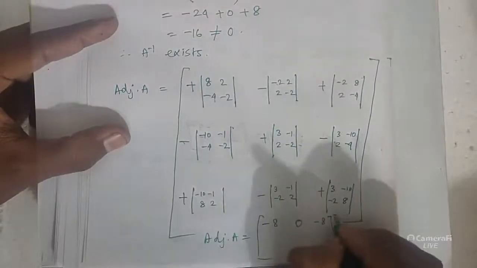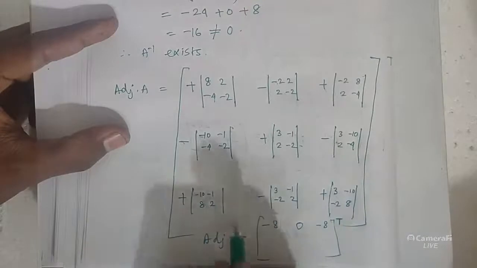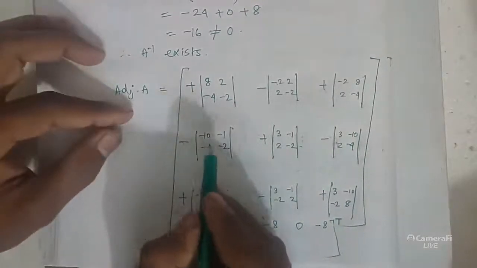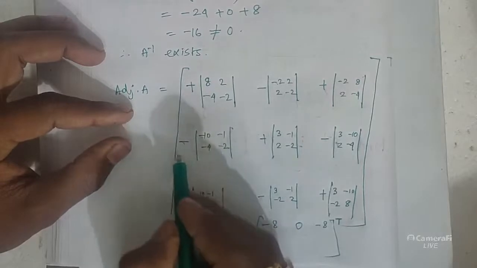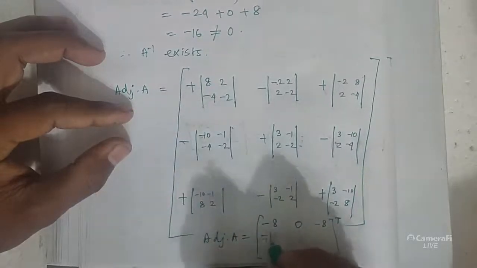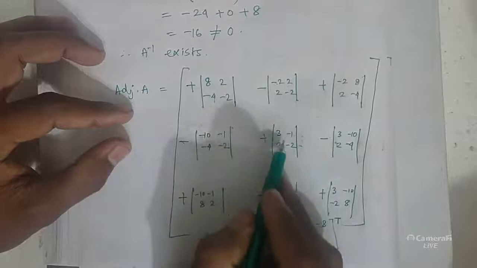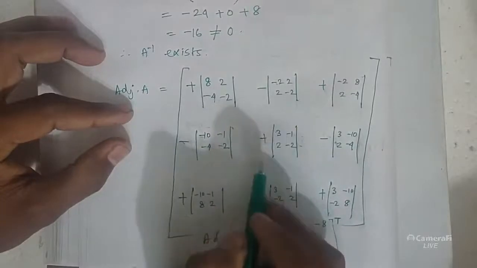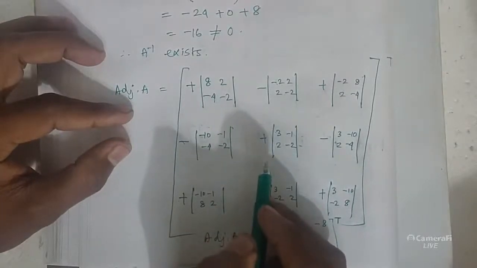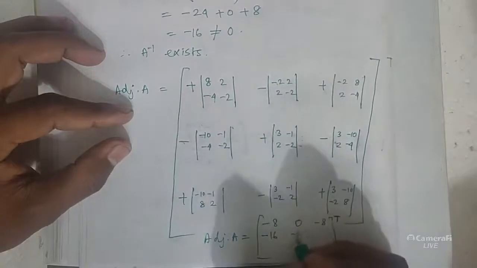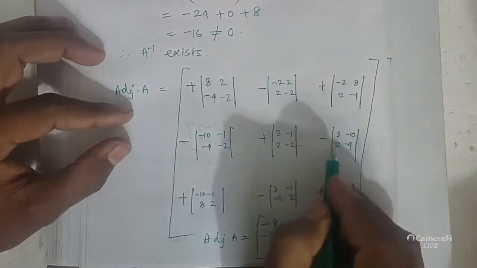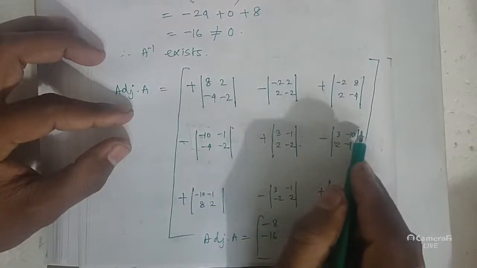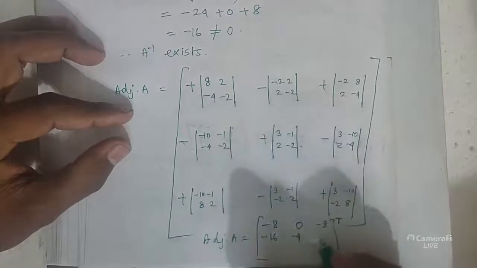And transpose of this. Next, this one, 20 minus 4, that is 16, and minus sign is there. So minus 16. Here it is coming minus 6 plus 2, that is minus 4. Next, here it is coming minus 20 plus minus 12 plus 20, that is 8, and minus is there, so minus 8.